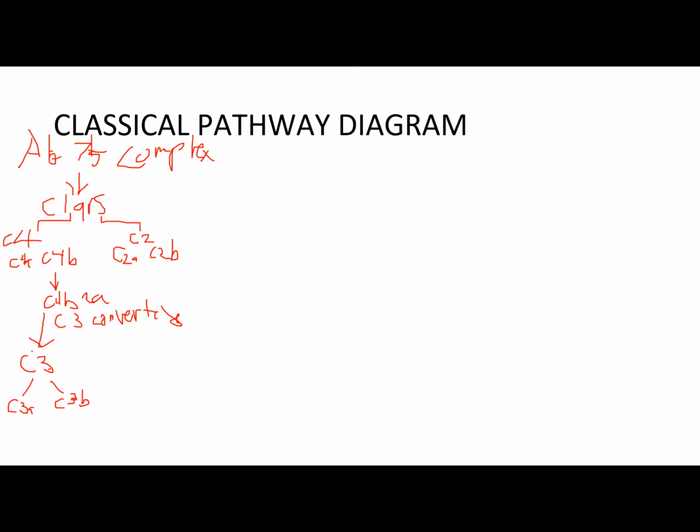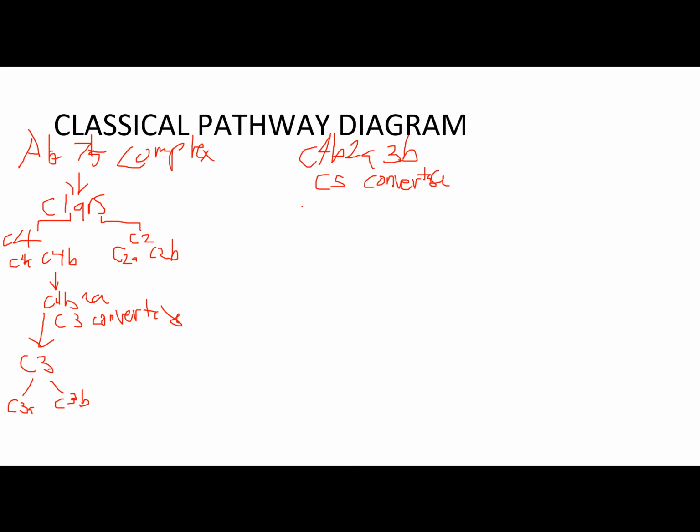Now, what happens next is that your C3B would attach to your C4B2A, forming your so-called C4B2A3B, which is now known, class, as the C5 convertase.